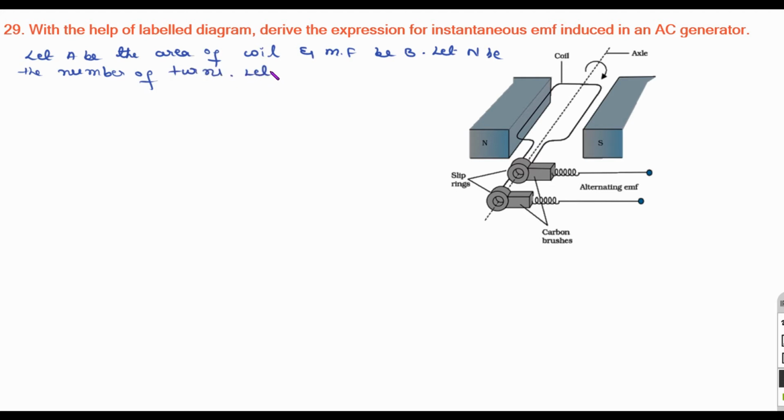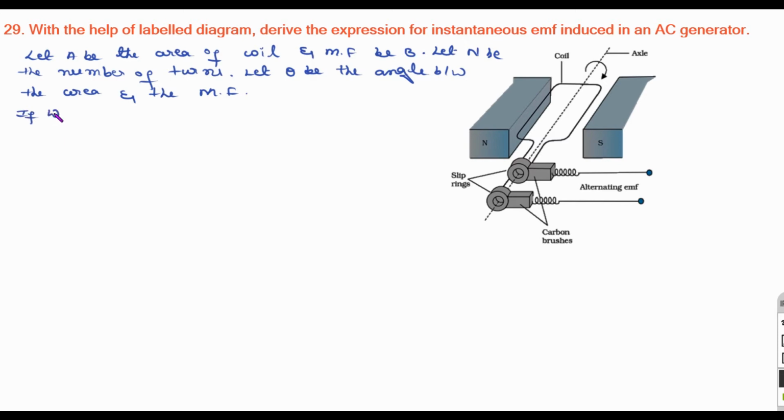Let theta be the angle between the area and the magnetic field. So theta is the angle between the area and the magnetic field.